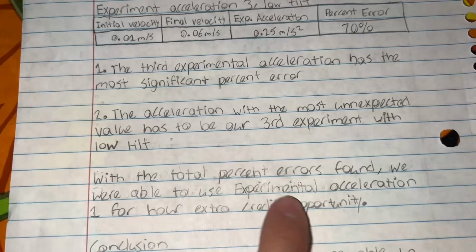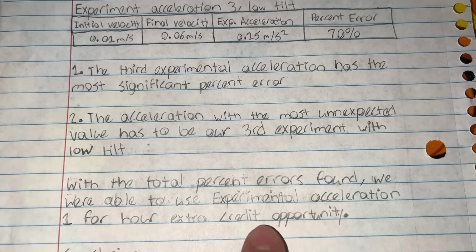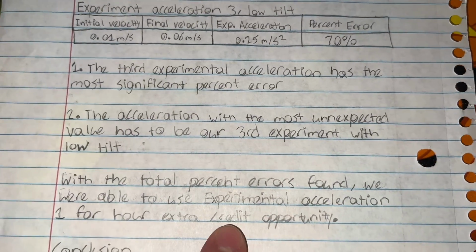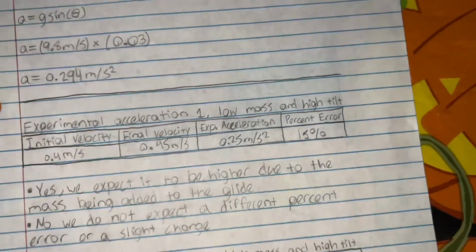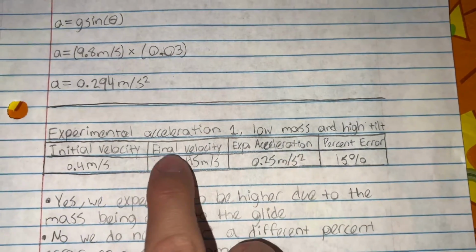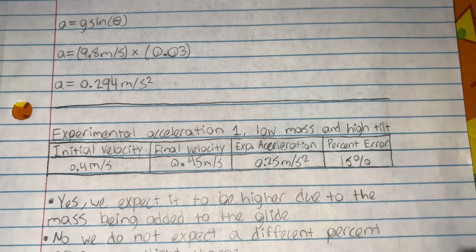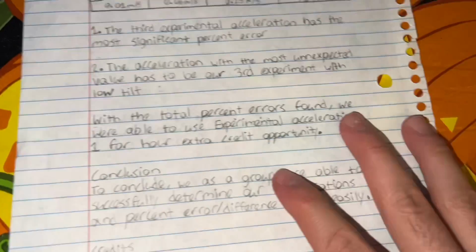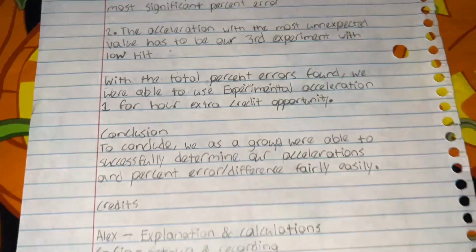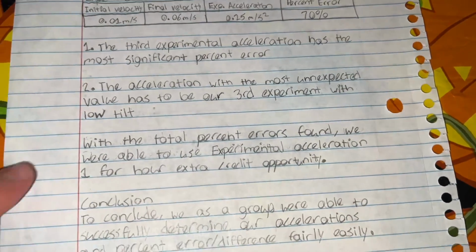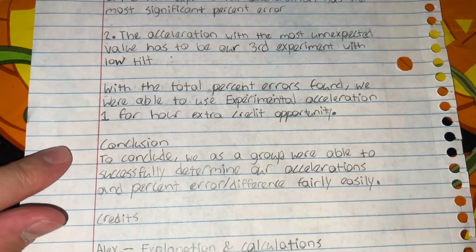So with that, we figured out that we were able to use our experimental acceleration number 1 for our extra credit opportunity. Out of all the experiments, thankfully we got this one, which gave us less than 50% error, which could have possibly been something human or something with the glide. So thankfully, we were able to determine that and get that done.